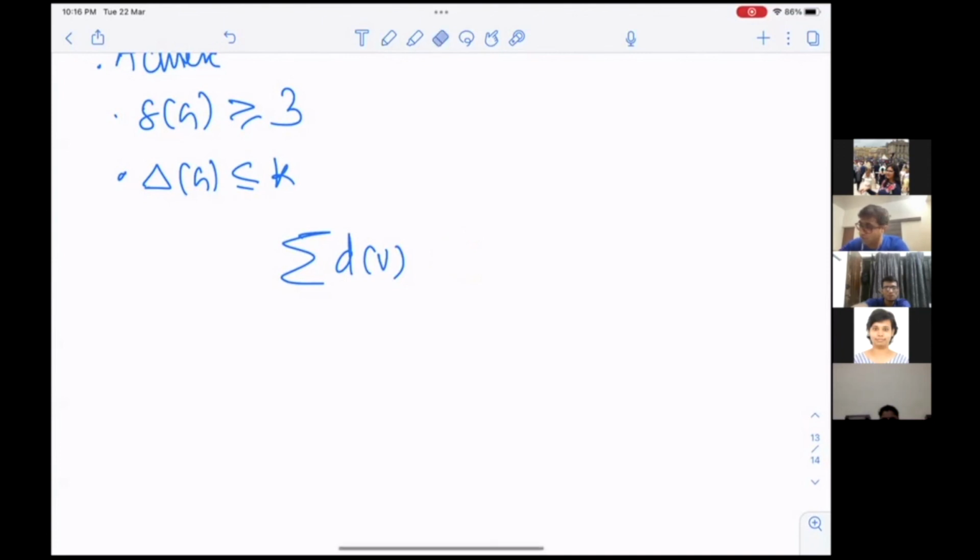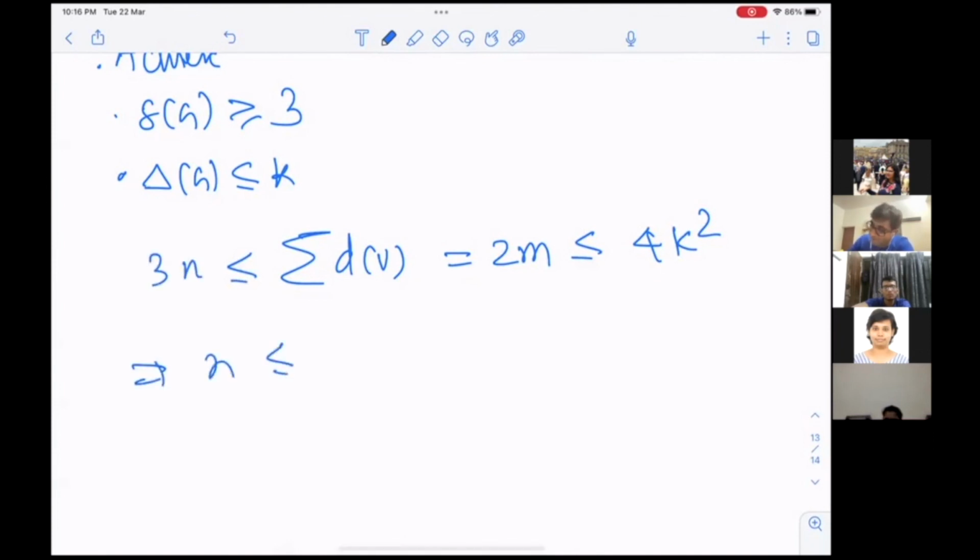okay, if you recall correctly, the summation of degree of v is at most 2m, which is at most 4k square, because m was at most 2k square. Every vertex has degree at least 3, so 3n. So what is n? Hey, we made some progress. 4 by 3k square, better than 2k square.